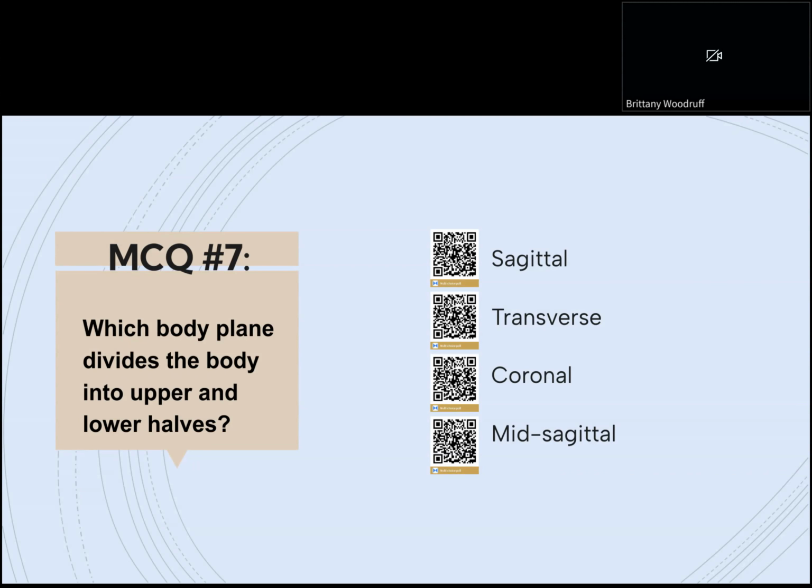Sagittal plane. What does the sagittal plane do? From left to right. Left and right. What is the other word for coronal plane? Frontal. Okay, great.